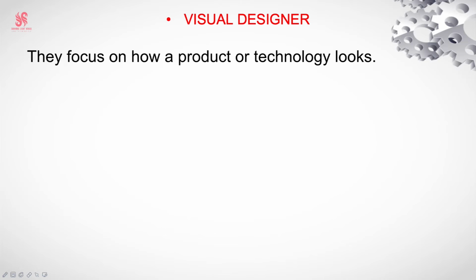Alright, so let's look at the second one, visual designers. The visual designers are the ones that focus on how a product or technology looks. These are the people that talk about the iconography, that is the icons that are used on the product, and how they can solve the pain point of the user.